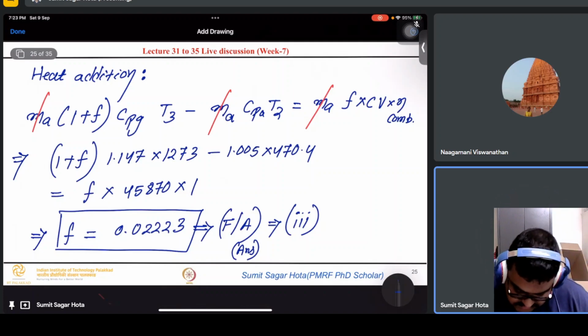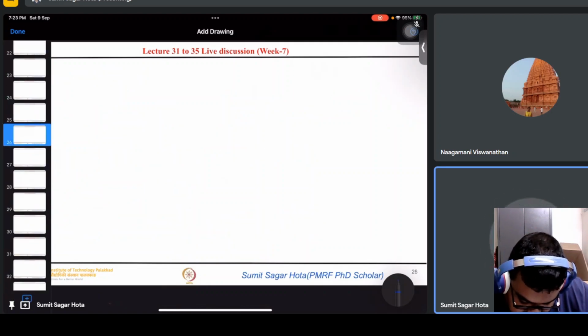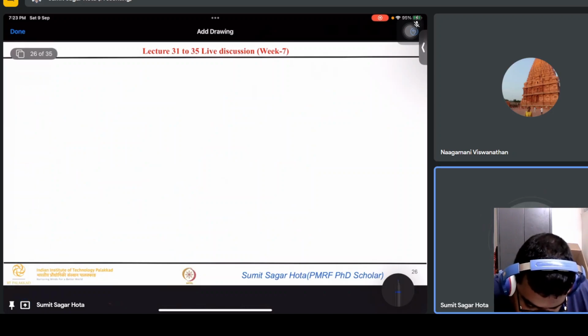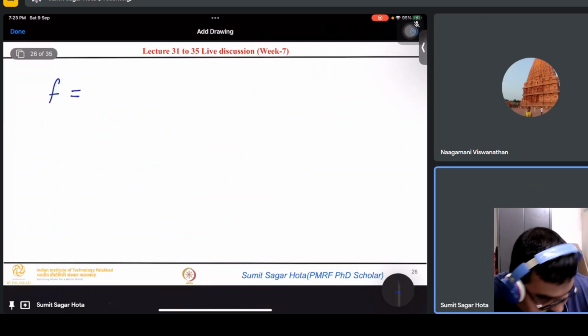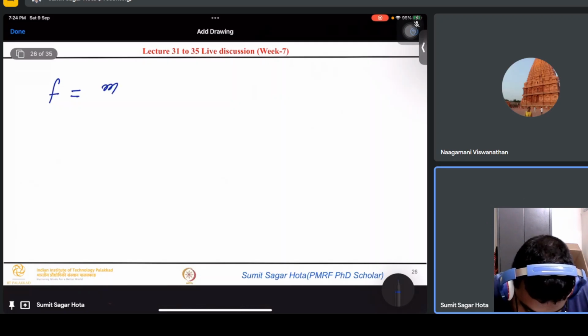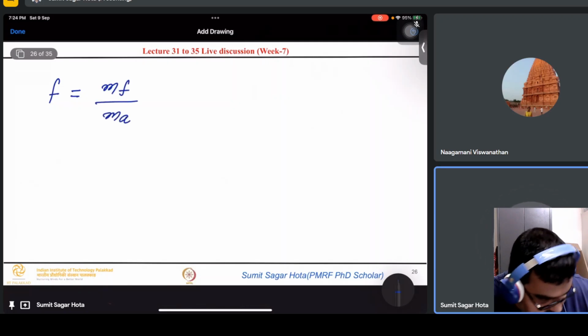So if you know Cp, if you know F, fuel-air ratio. What is the definition of fuel-air ratio? F is equal to mass flow rate of fuel divided by mass flow rate of air, or mass of fuel divided by mass of air.